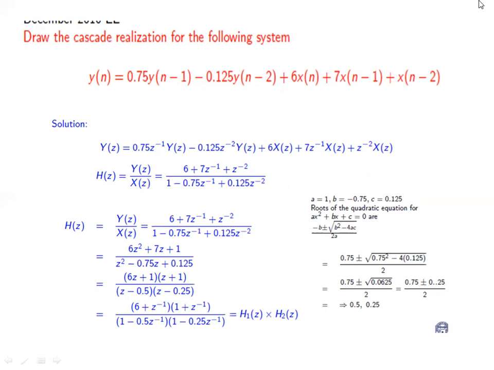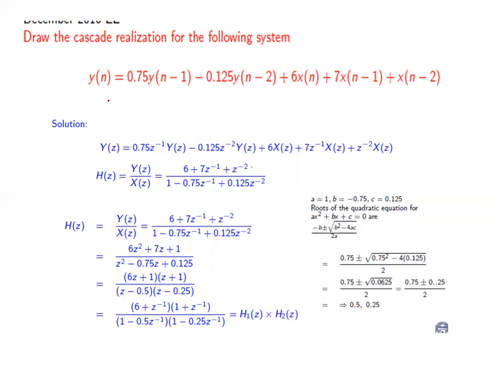You have different examples around. This is a difference equation. Here, by applying Z transform to this, we will write h of z equals y of z by x of z, which equals 6 plus 7z inverse plus z power minus 2, divided by, here we are just taking the terms this way.